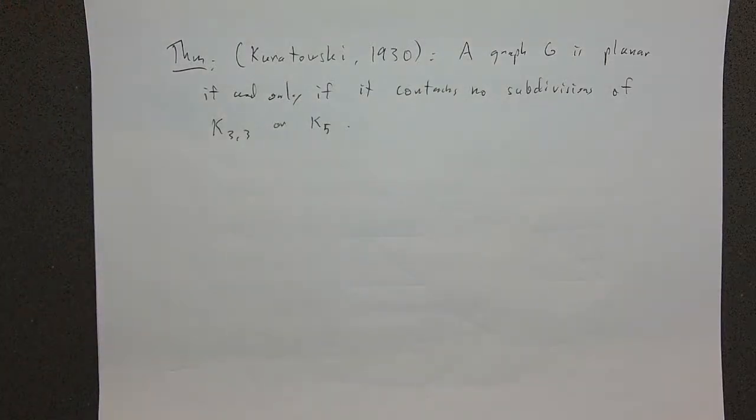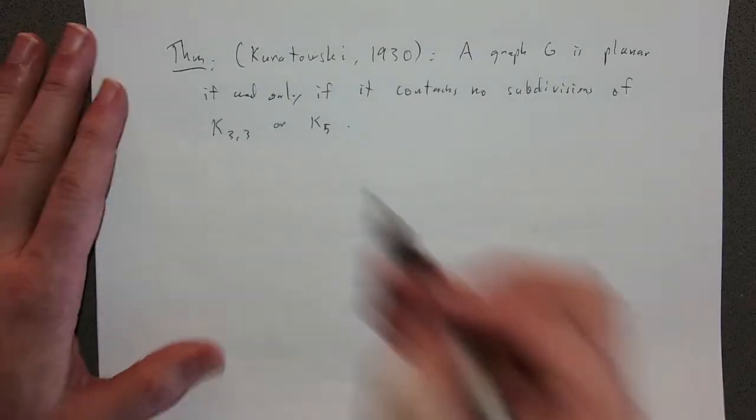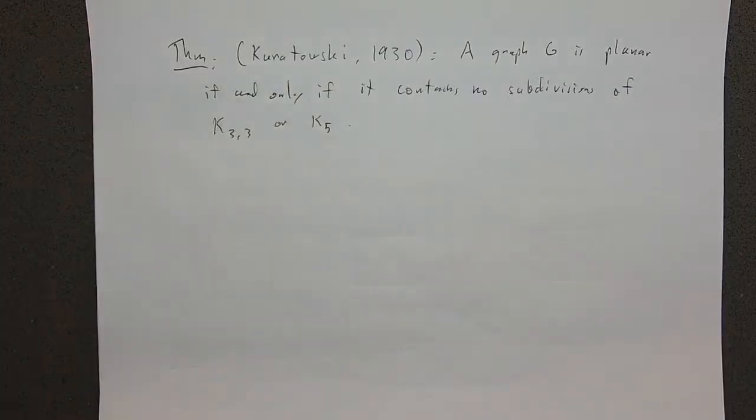So this is what I meant when I said that K3,3 and K5 are the only obstructions to a graph being planar. This is it. This is the sole determining thing. This is an if and only if statement. So if a graph contains no subdivisions of K3,3 or K5, then that's it.